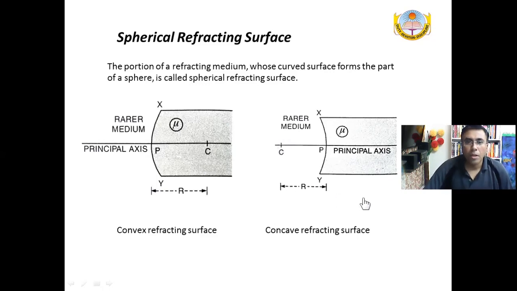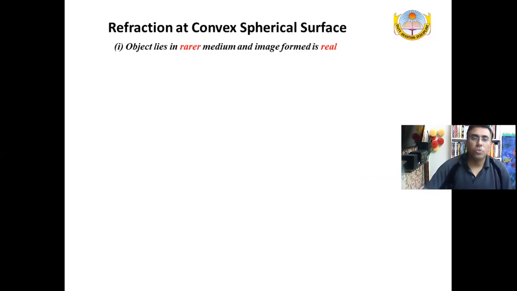Now let's move to refraction at a convex spherical surface. In this case, the object will lie in a rarer medium and the image formed is real. Here we will derive the relation between u, v, R, that is the radius of curvature, and the refractive index of the medium.